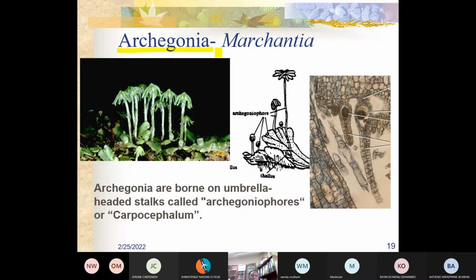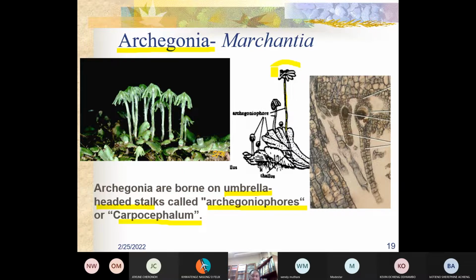What happens on the other end, the archegonia? Now again, archegonia are born on umbrella heads that we call the capocephalum or the archegoniophores. Archegoniophores are actually just this stalk.